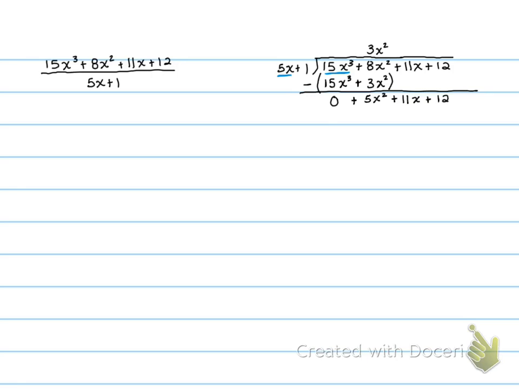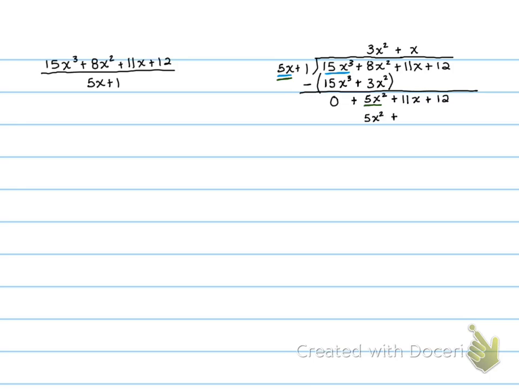So then same thing. What do we have to multiply 5x by to get 5x squared? We don't need anything in our coefficient, right? We already have a factor of 5, but we need one more factor of x, so plus x. And then we'll multiply. So x times 5x is 5x squared.